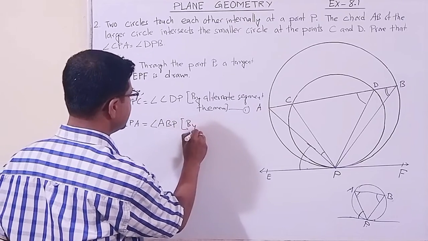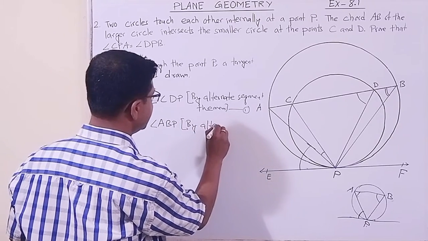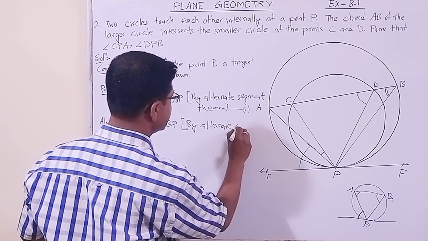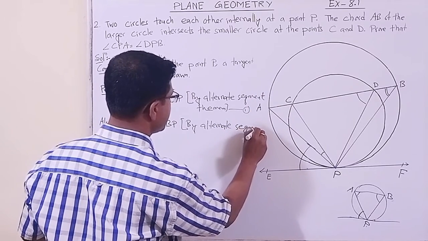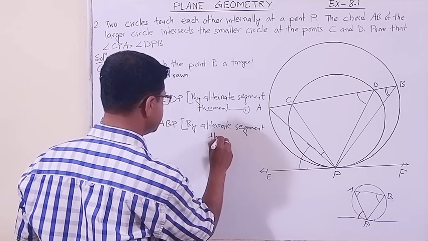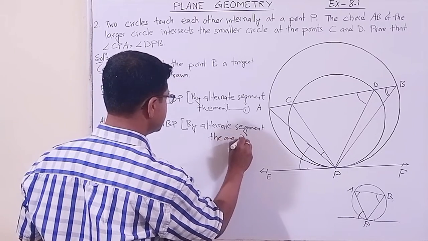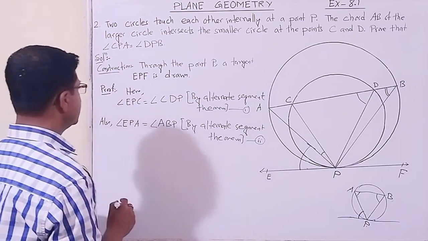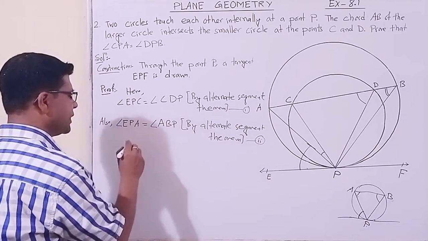Same reason, by alternate segment theorem. This is 2. Okay, now let us subtract them.